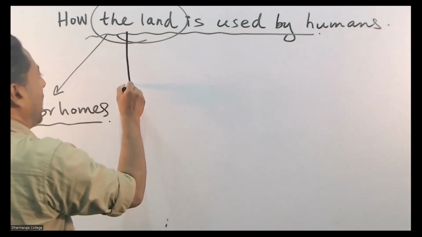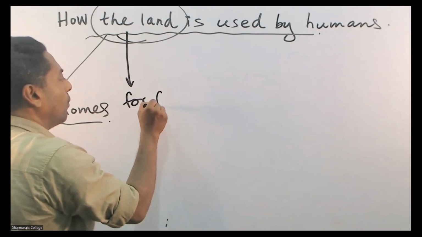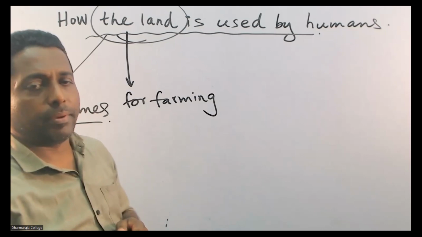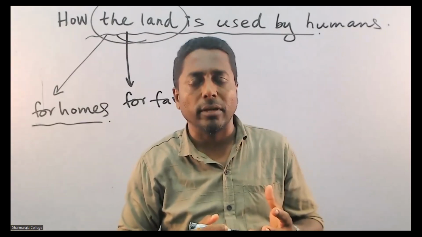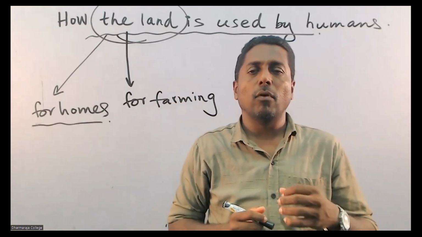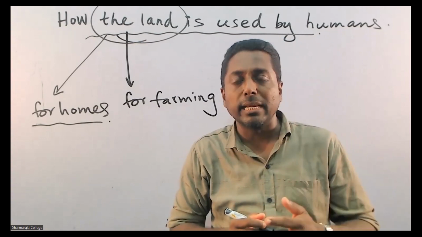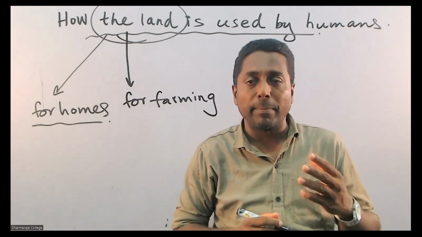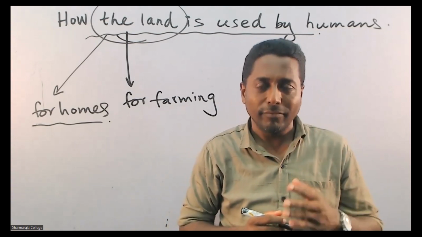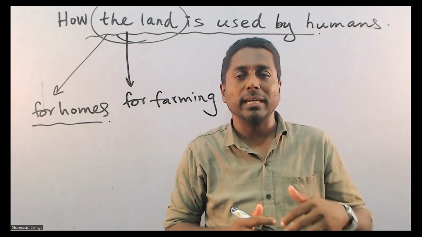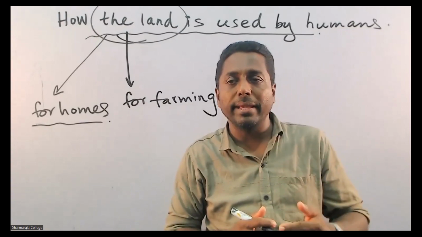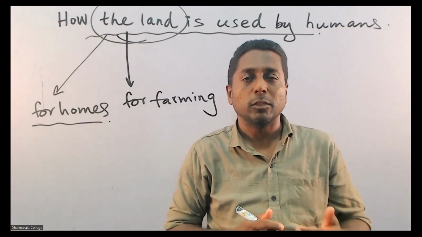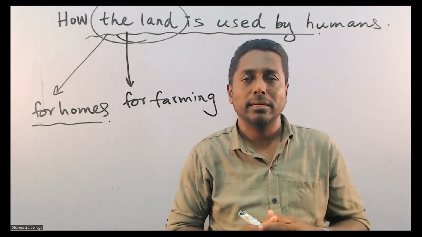Then they use the land for farming, that means for agricultural purposes. For farming, cultivating crops, for different purposes of agriculture. We know that they grow tea, rubber, coconut, paddy, grains, vegetables, fruits, and herbal plants.